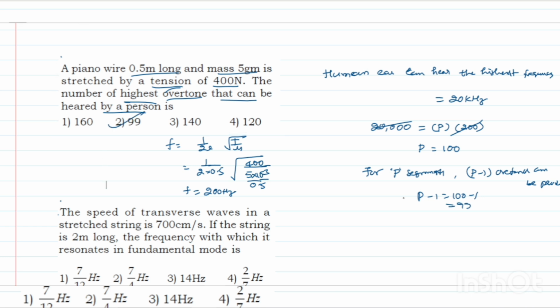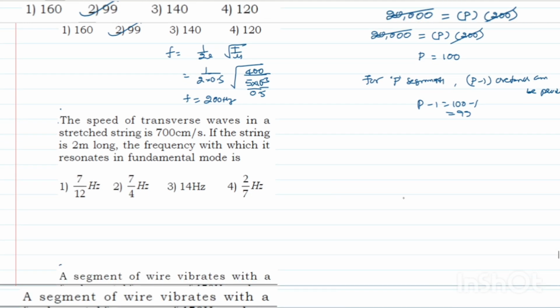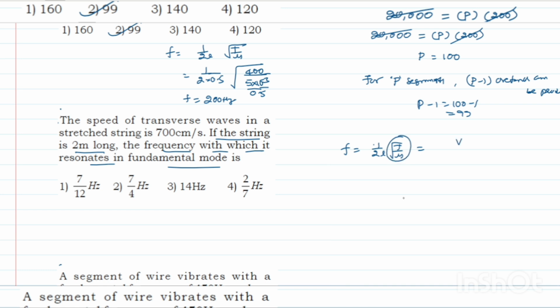The next question says the speed of the transverse wave in a stretched string is given as 700 centimeter per second. If the string is 2 meter long, they are asking the frequency with which it resonates in the fundamental mode. For the fundamental frequency, the formula is f equals 1 by 2L into root over T by mu, or instead you can take v by 2L.